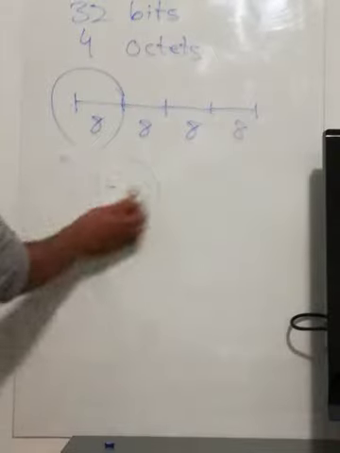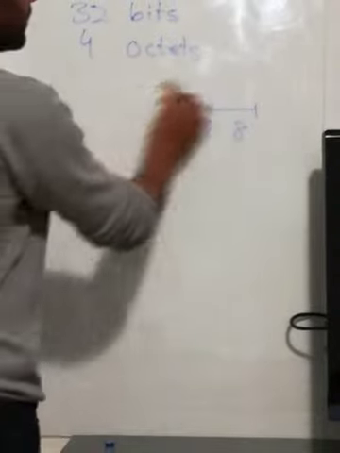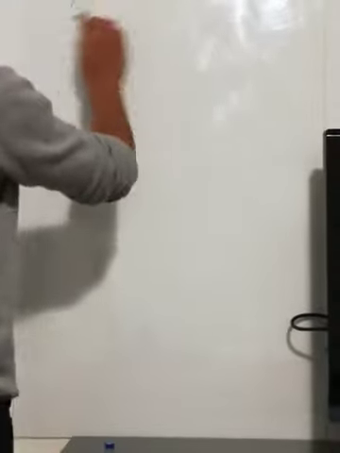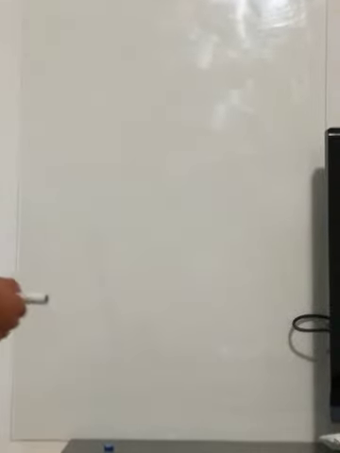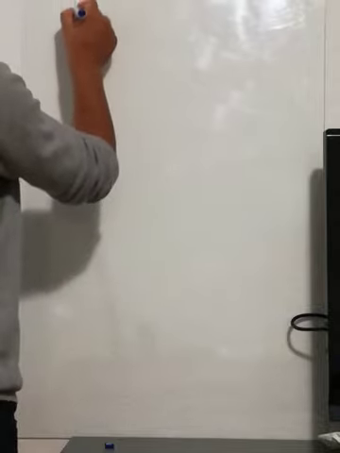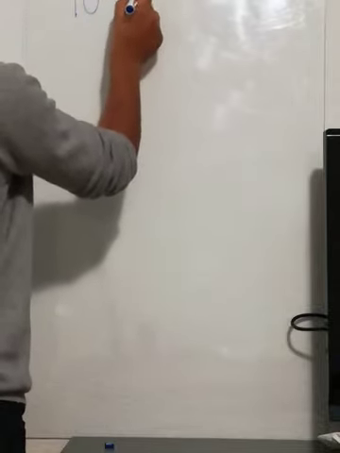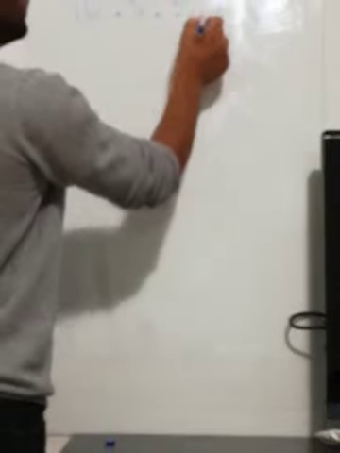And today I want to work through an example of class A IP address subnetting. Suppose that you have got a question with an IP address like 10.5.2.1.